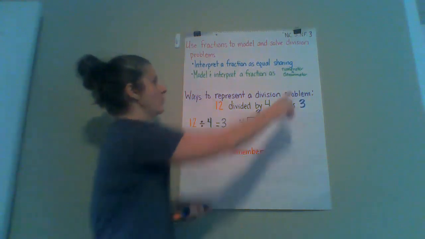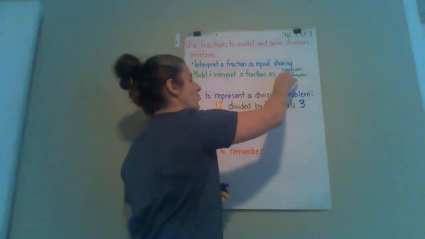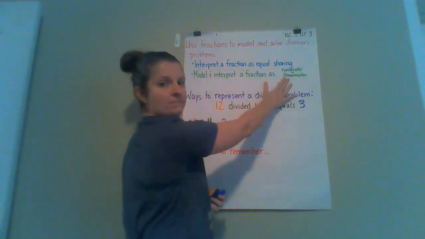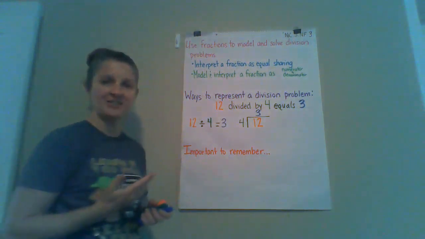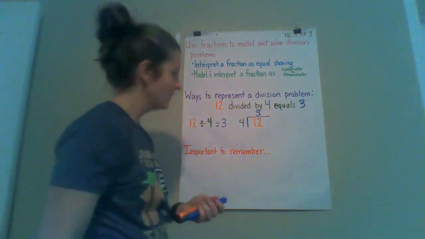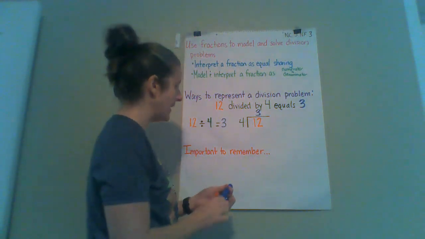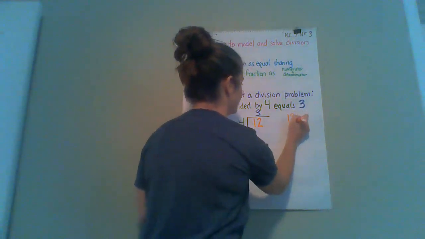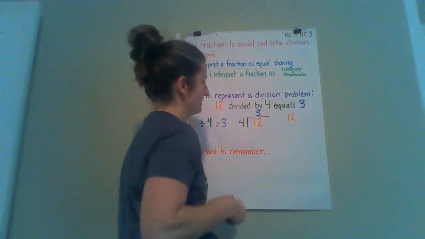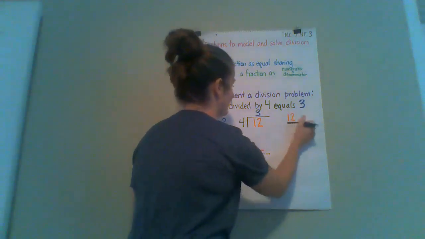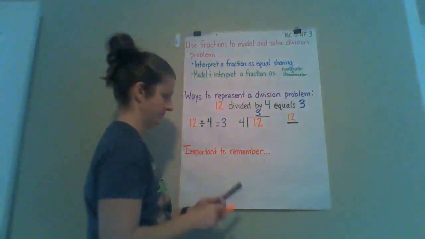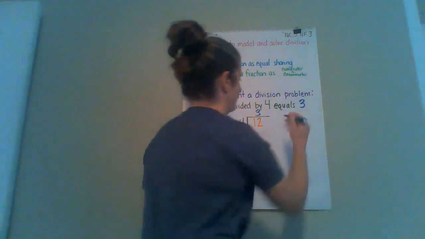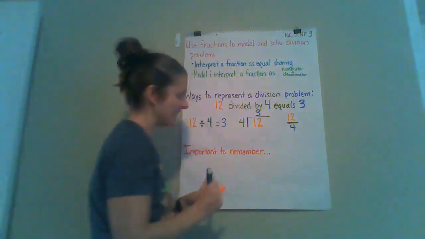All right, so part of this is saying that we understand that we can write a division problem with a fraction, okay? So we can actually say 12 divided by 4. Does that still equal 3?